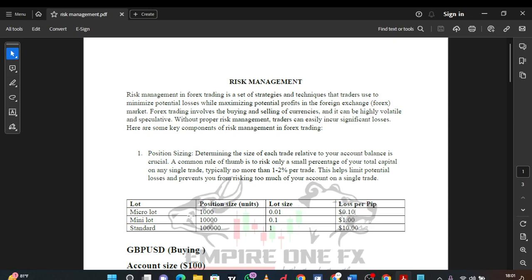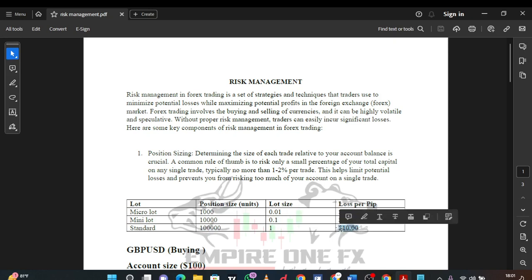When you go to the mini lot, we are going to be losing $1 per pip. Then when we go to the standard lot, which is 100,000 units, that is 1 lot. Here we are losing $10 per pip.